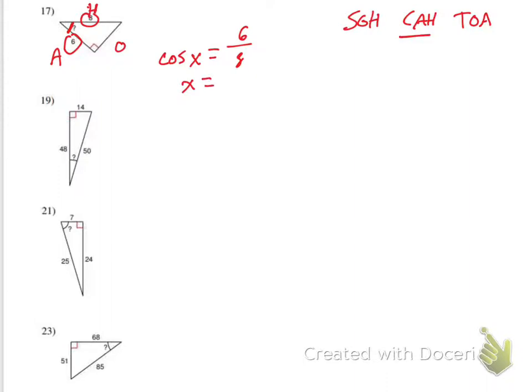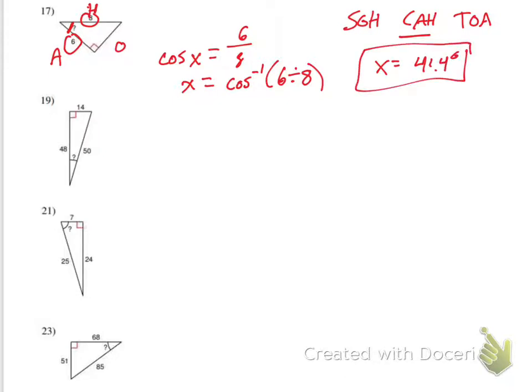So x is equal to cosine -1, parentheses, 6 divided by 8. When I just plug that into my calculator, I get 41.4. So x equals 41.4 degrees. And that's it. Keep moving.